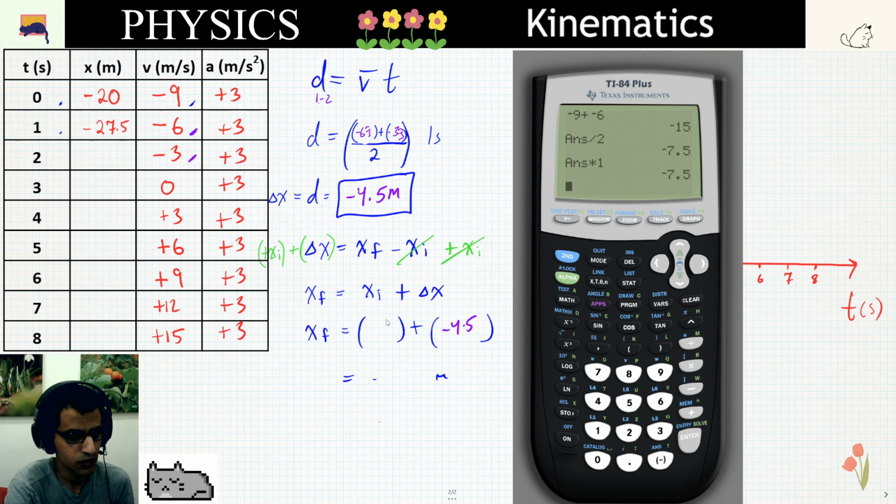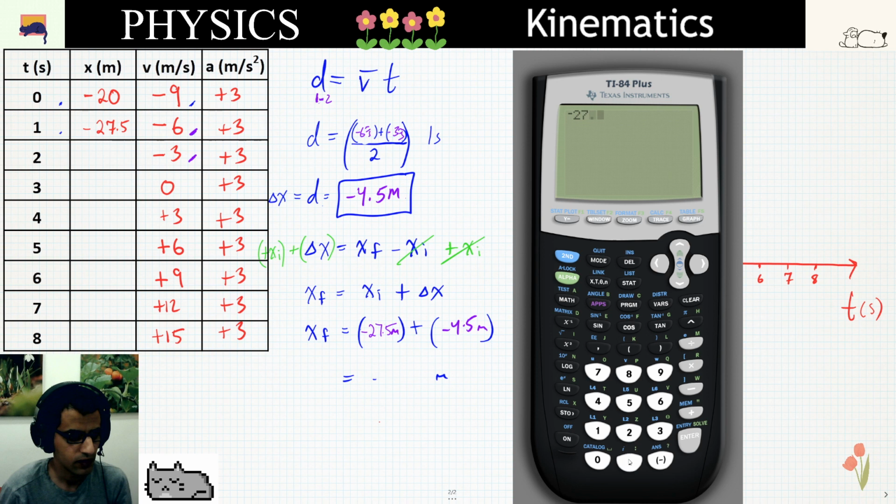And our initial position is now, because we're going from 1 to 2 seconds, the position at 1 second, which is negative 27.5. Negative 27.5 meters plus negative 4.5 meters. Let's use our calculator.